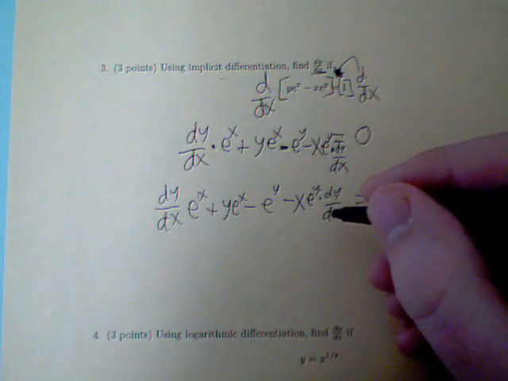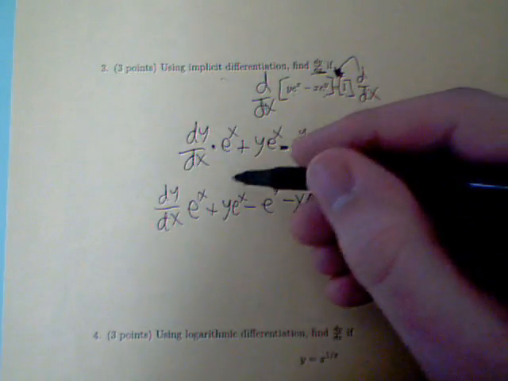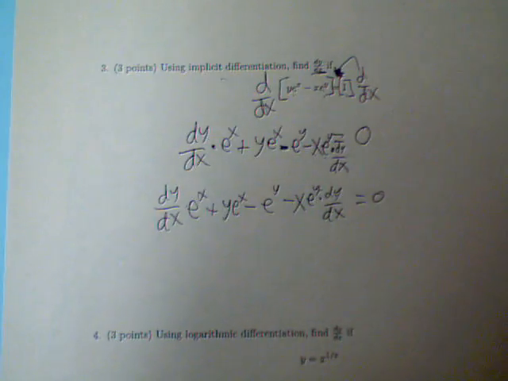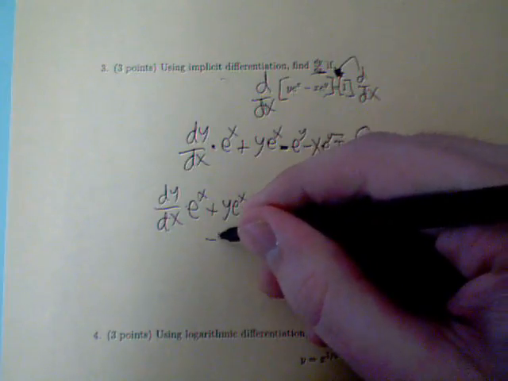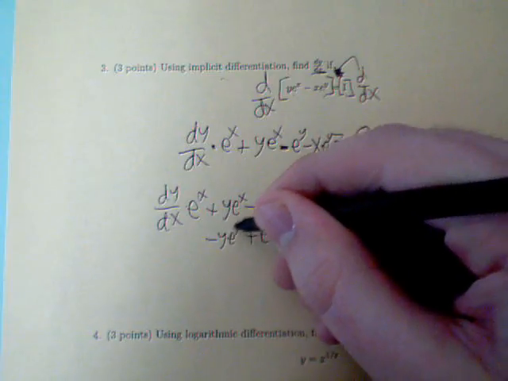Now my problem said find dy/dx, so I want to get dy/dx by itself. Take every term that doesn't have dy/dx and move it to the other side. That's e to the y, and y e to the x.